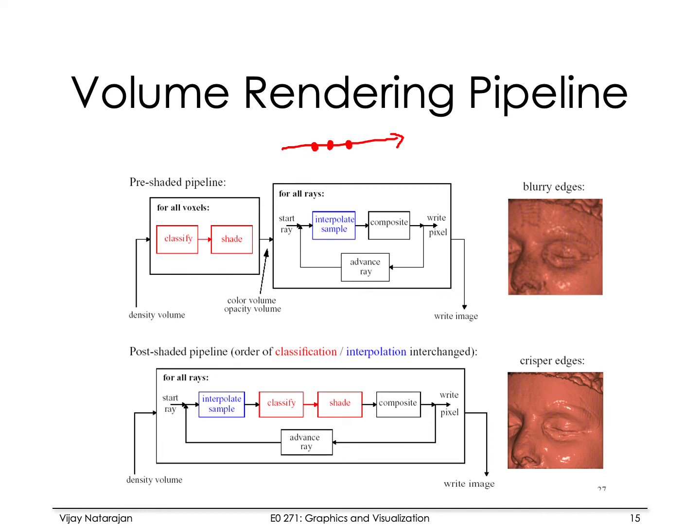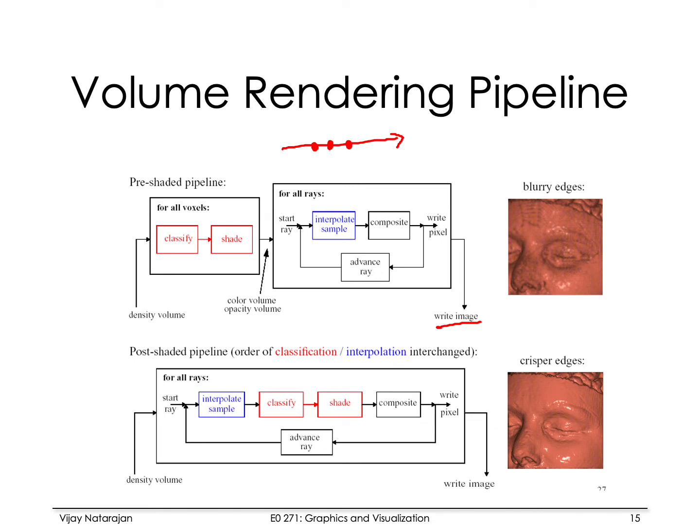We composite these colors to compute the color at the corresponding pixel. So these collections of pixels will eventually constitute the final image, which is written onto the screen and optionally stored.